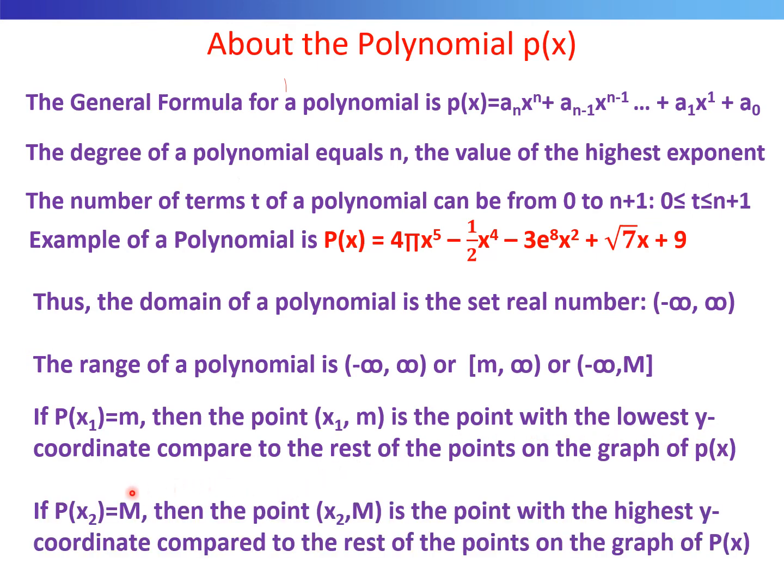Also, if p of x2 equals capital M, then the point x2 comma capital M is the point with the highest y coordinate compared to the rest of the points on the graph of the polynomial.